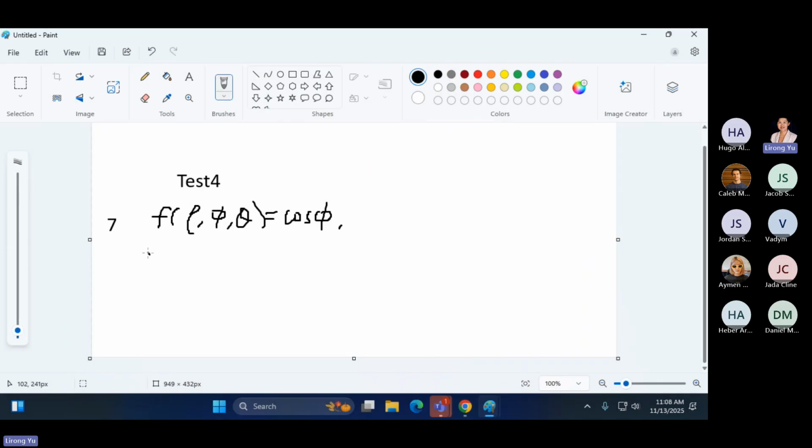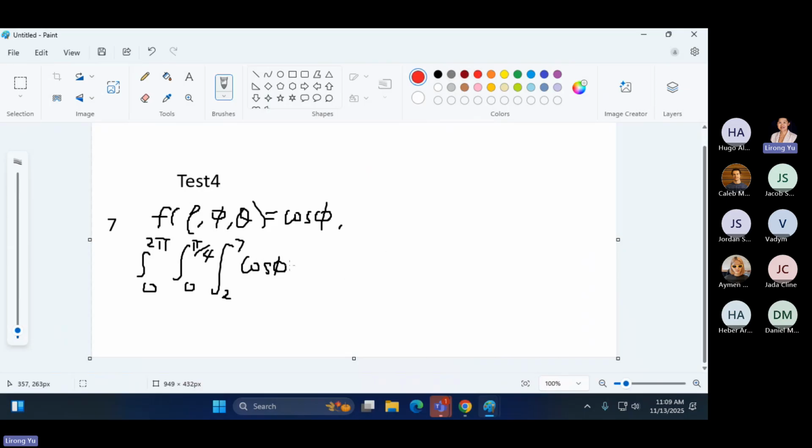This one has integration limits of 0 to 2 pi for theta and 0 to pi over 4 for phi. In another version it will be pi over 3, but this one is pi over 4. And then the value for the radius is 2 to 7. So we're integrating cosine phi. But here it says use spherical coordinates to integrate it.